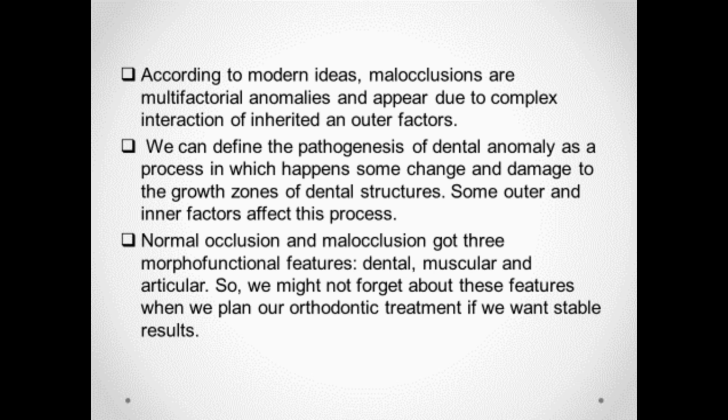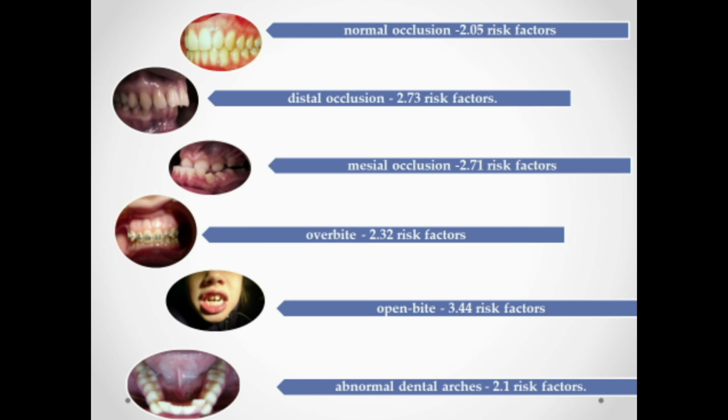Any congenital dental anomaly is caused by serious malformation of the embryo. Moreover, many negative outer factors and bad habits lead to the development of many different dental anomalies at any age.